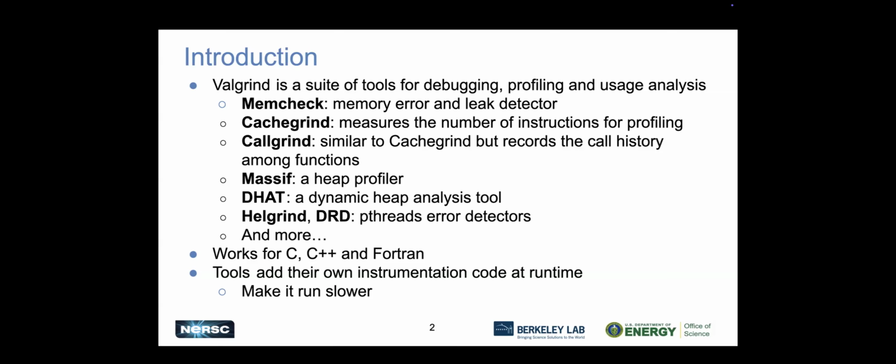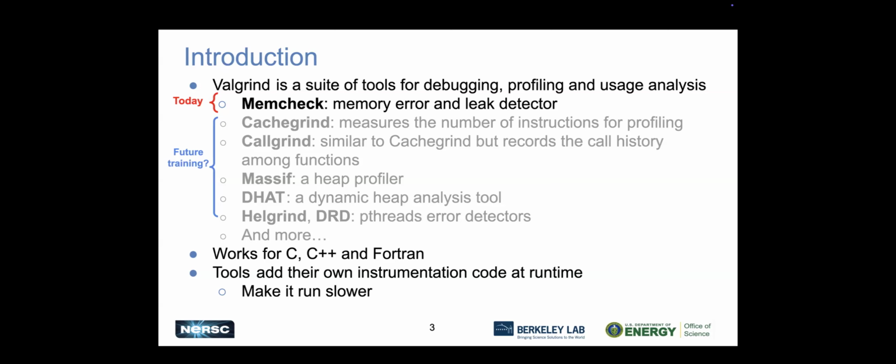Helgrind and DRD are pthreads error detectors, and there are some more. And as Justin said, Valgrind works for C, C++, and Fortran. What these tools do is add their own instrumentation at runtime, not compile time. Because of this instrumentation, the code runs a lot slower, so this is just used for debugging or profiling.